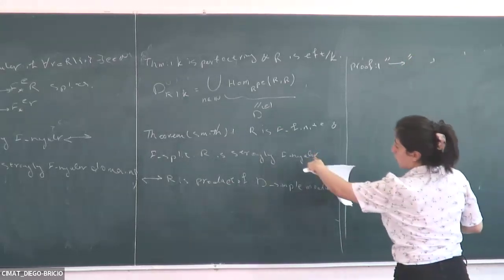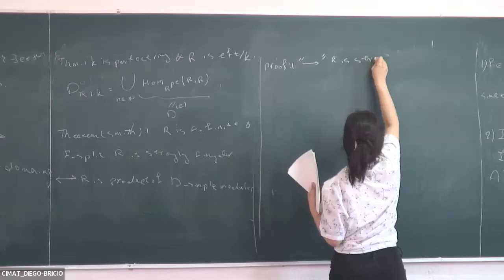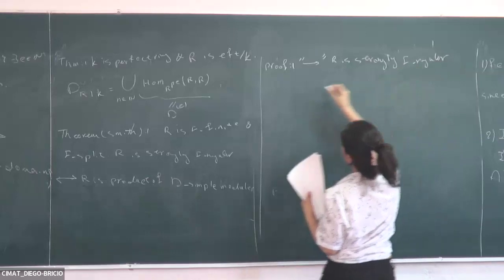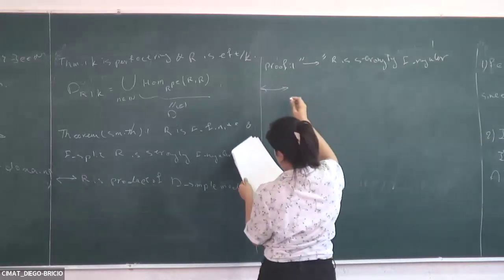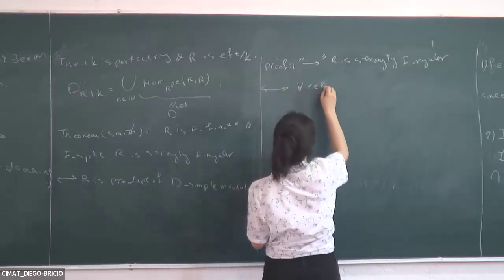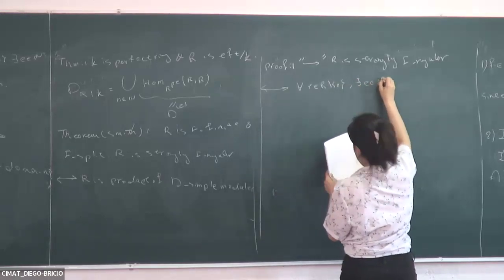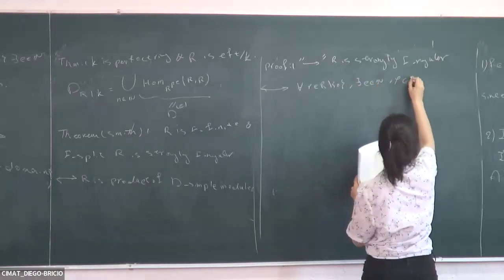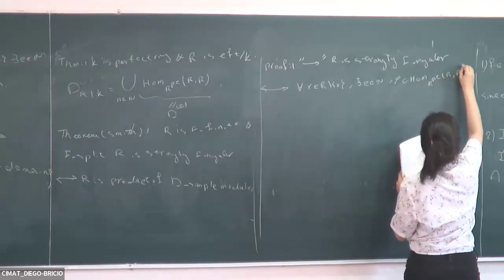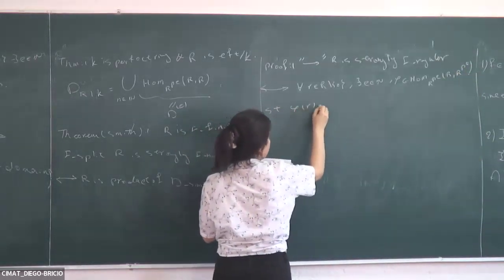We know that R is strongly F-regular if and only if for every r in R minus 0, there exists e in N and a map phi in Hom of R^(1/p^e) to R, such that phi of r is equal to 1.